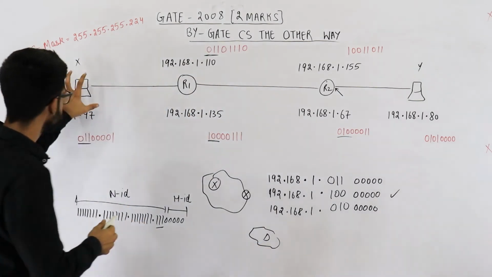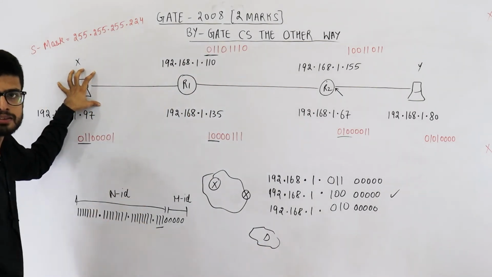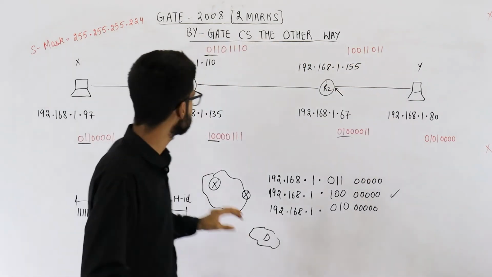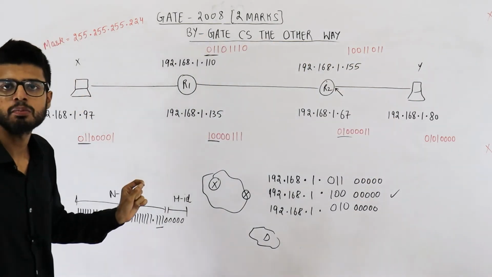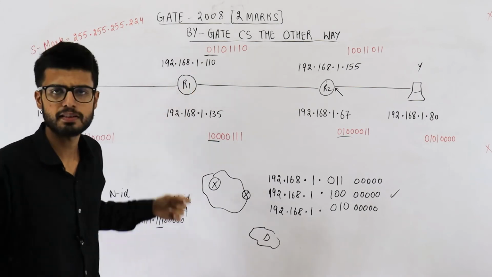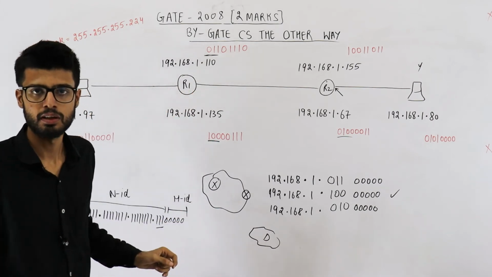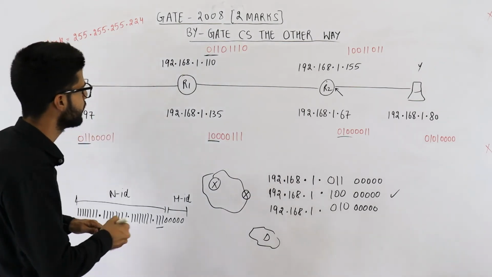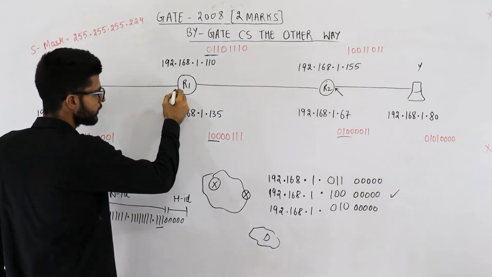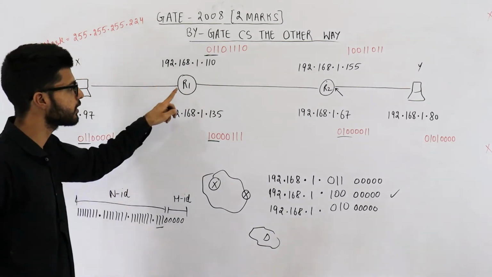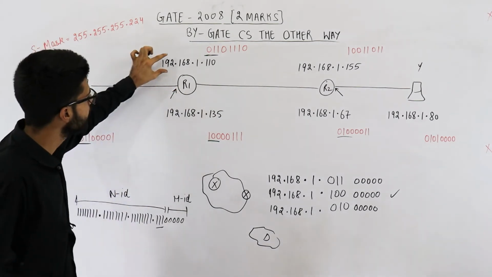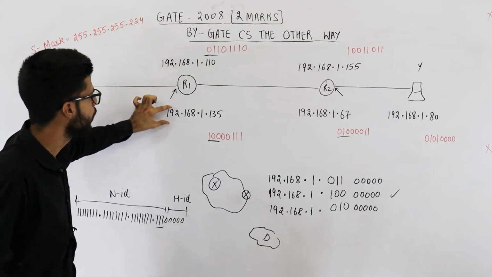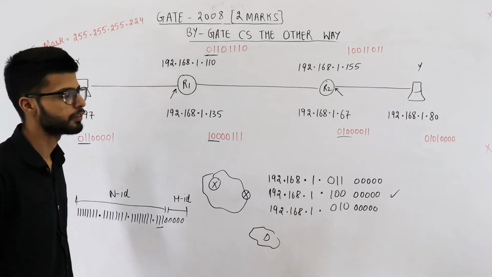If this machine wants to send a message outside its network, that means to Y, then this machine is going to send that message to some router, which is obviously R1 because it is connected to R1. But what will be the IP address to which it will be sending? That will be the address of this interface. So we need to find whether this address belongs to this interface or this address belongs to this interface.